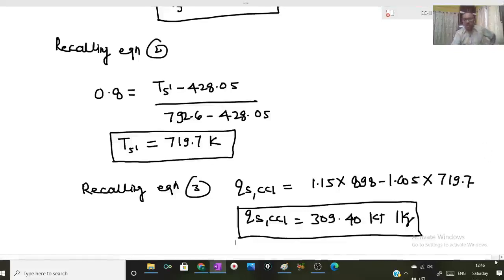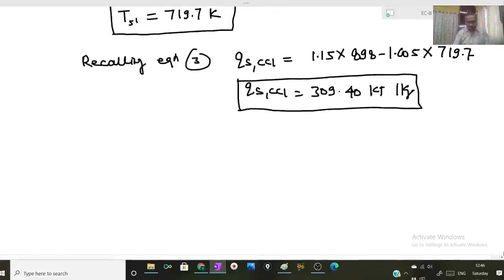Now let us do the calculations to get the parameters asked in the problem. So the very first thing you have been asked in the problem is thermal efficiency.